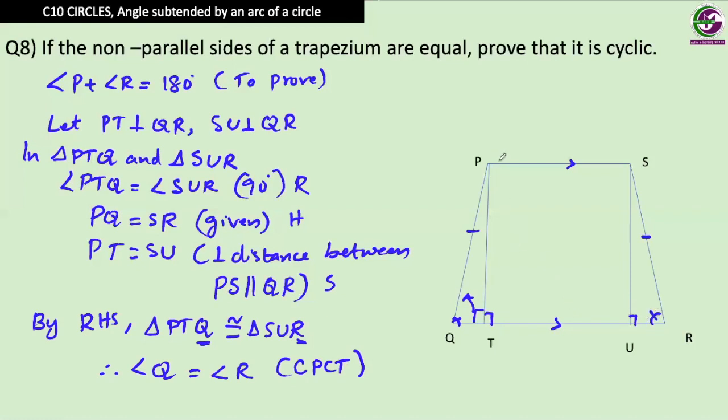Now, PS is parallel to QR. So we can see the same side interior angles, because the lines are parallel.